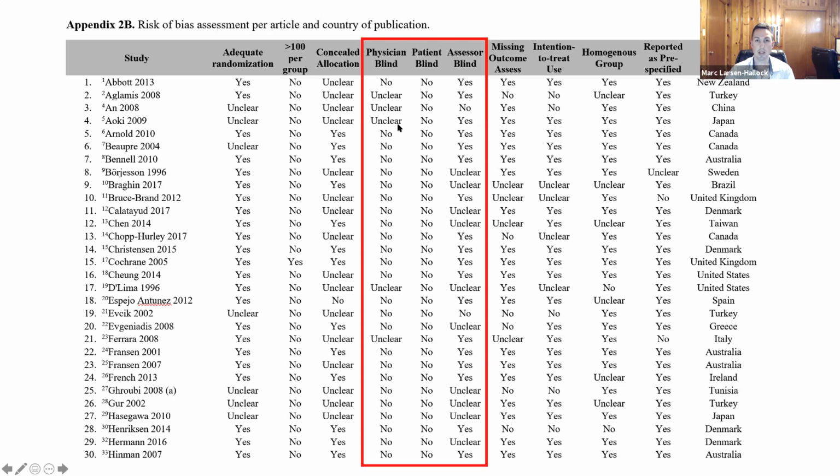Because if you aren't blinding the physician or the patient, then there's always a chance you can have an effect bias or recency bias or any number of different things that could be accounted for by having neither one of them blinded. The authors of this study said that, you know what, it's okay. We don't have either one of them blinded, but we have the assessor blinded in most of them, which is probably good enough.